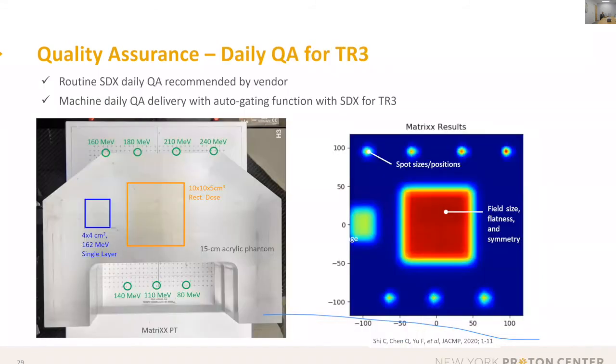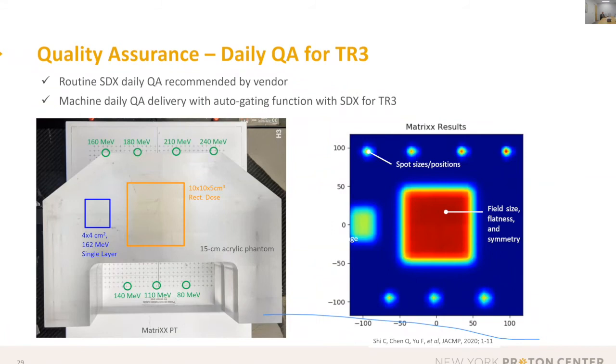So regarding quality assurance, we follow the recommendations from the vendor to do routine SDX daily QA. In the meanwhile, we built this gating module into our machine daily QA. This is specific for treatment room 3, which we dedicated to breath-hold patients. And here it shows you the phantom and also the MatriXX PD devices, and the patterns for our daily QA.